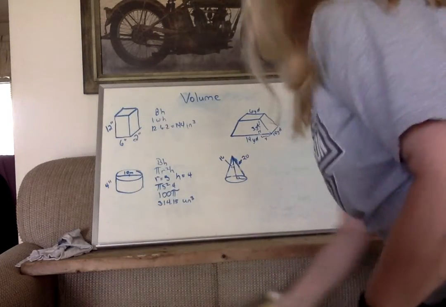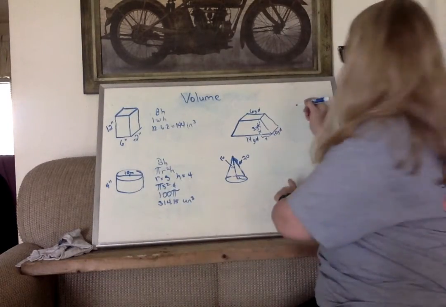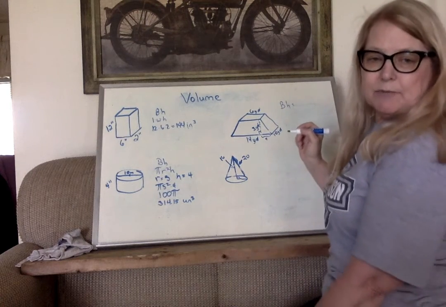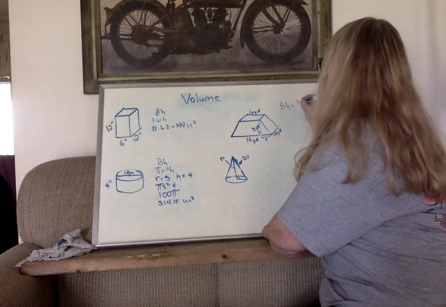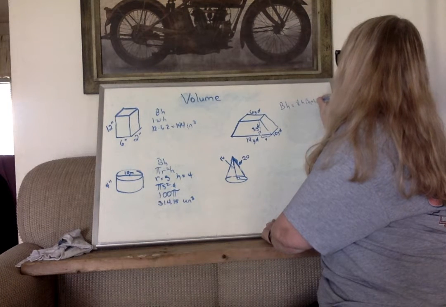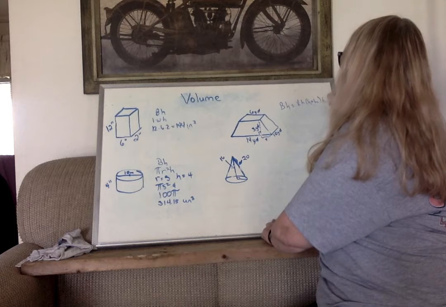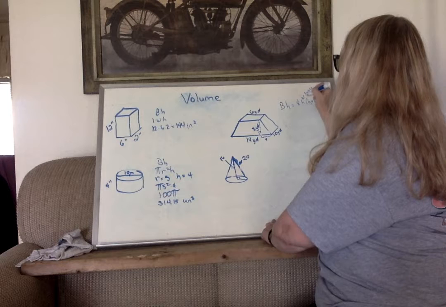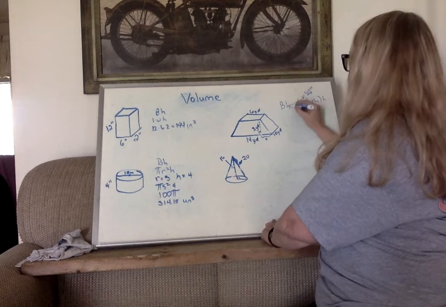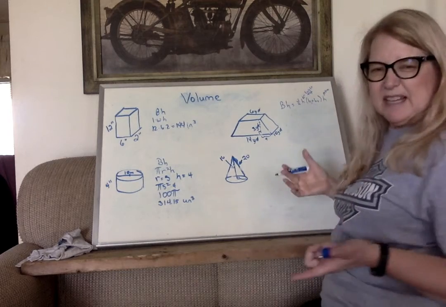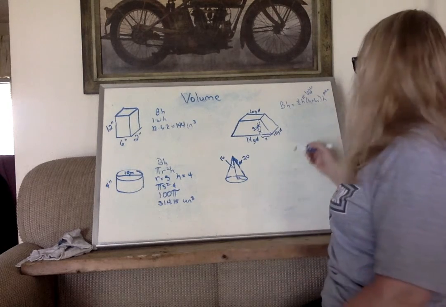So that would be capital B times H. Well, the area of the base formula, we put that last time, 1/2 times height times B sub 1 plus B sub 2, now that's the height of the trapezoid. And this is the original height of the prism. So even though we've got H twice, they mean different things.